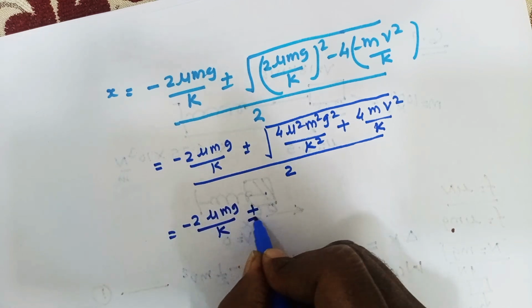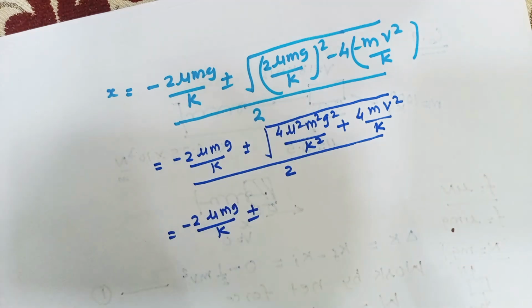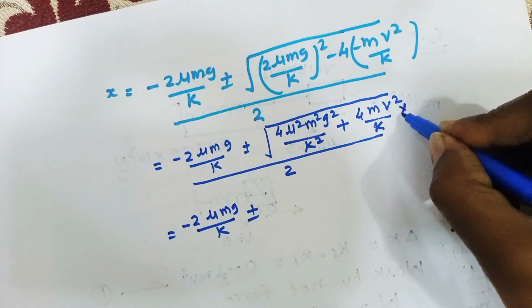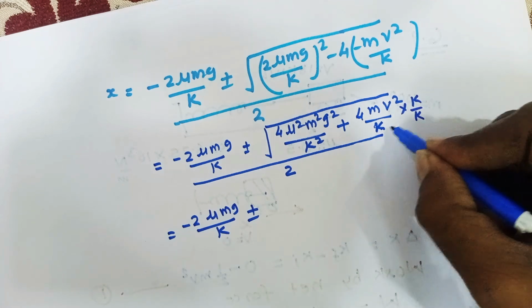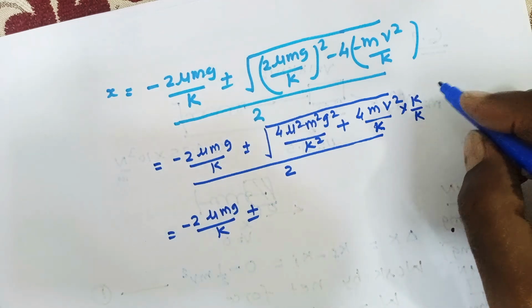What we can do here is take 2 common, and in this equation we have k square. So you can multiply it with k. So it will become k square common, k square and 4, and the remaining we cannot take common.